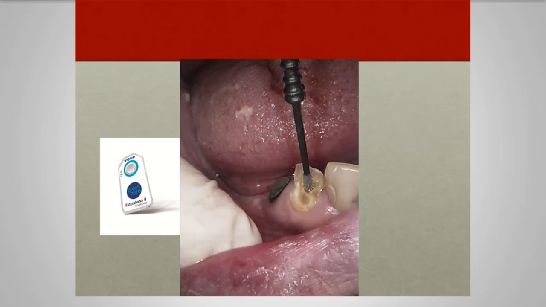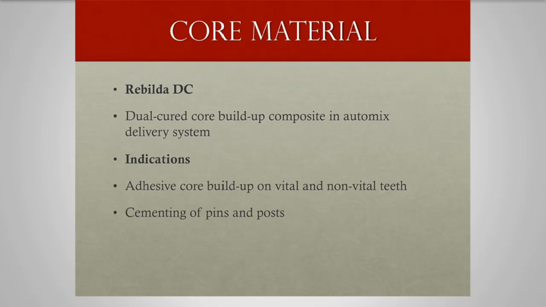It's a nice little brush that somebody thought about how to do this, instead of just using the standard stuff we always have, and it fits perfectly into the canal space.